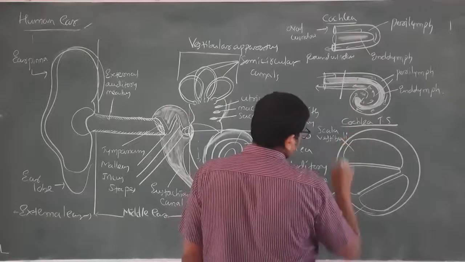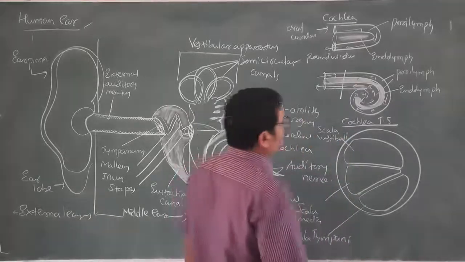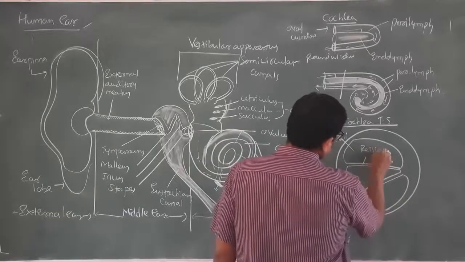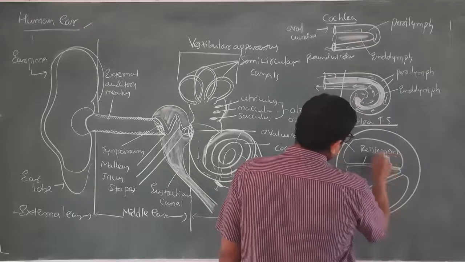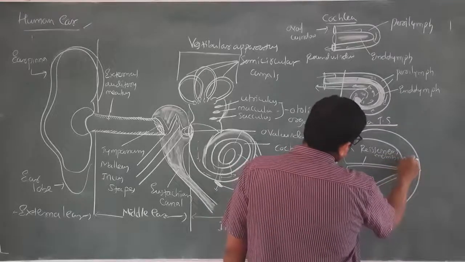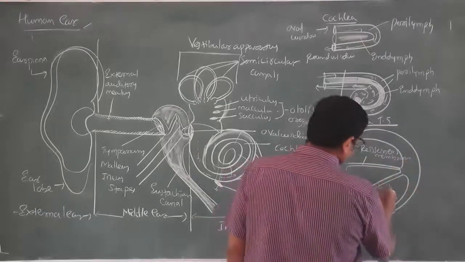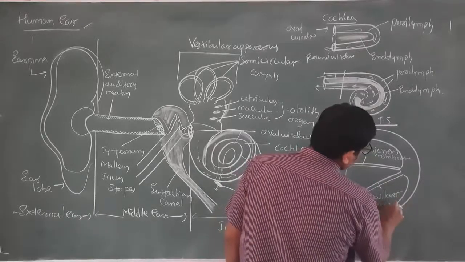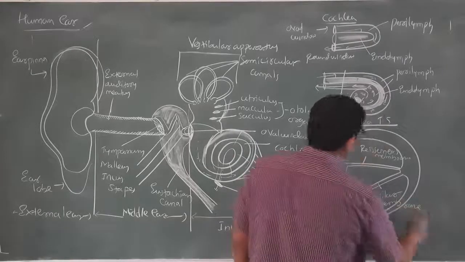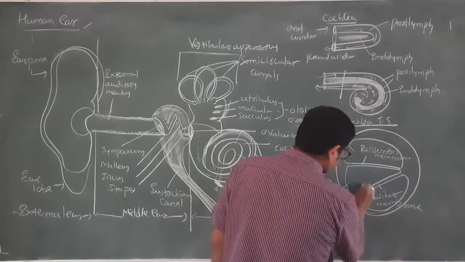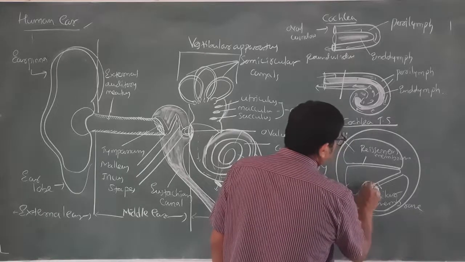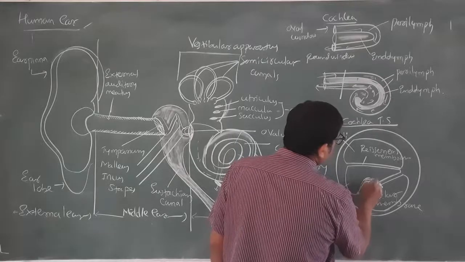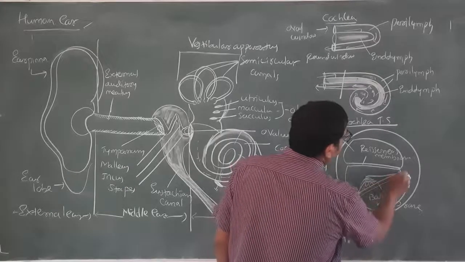Here is Reissner's membrane, and here it is the basilar membrane. Above this we find an important structure that has sensory hairs, and these sensory hairs will be rubbing against a membrane.